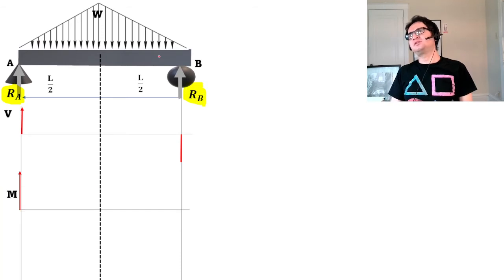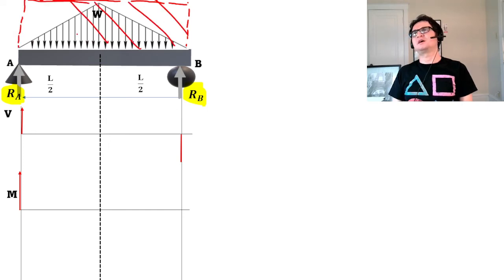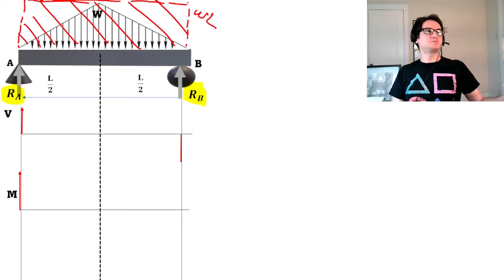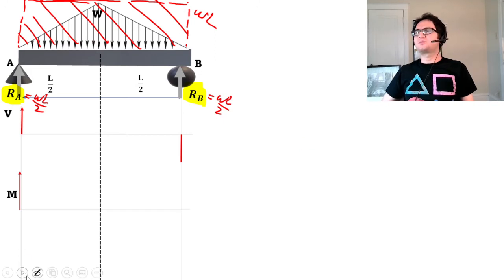I strongly recommend you to just go by geometry before doing any math. So if it was like WL, like the previous problem, it was WL over 2 and WL over 2. As you can easily see, the area goes by half.